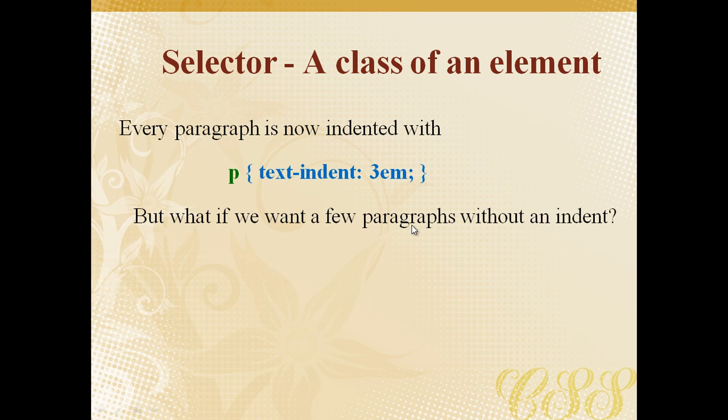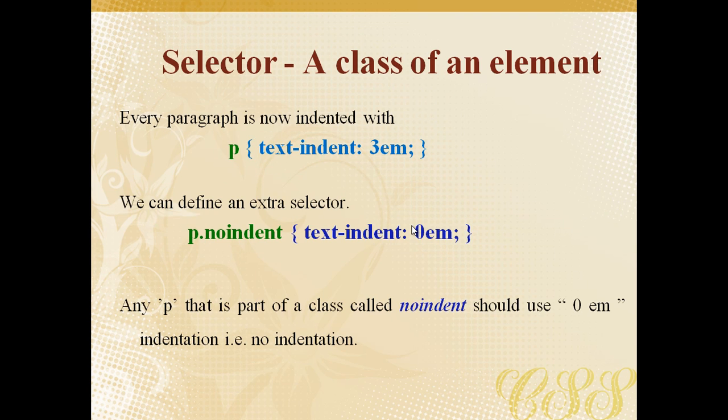But if you want to have a few paragraphs without an indent, what shall we do? Now we can define an extra selector p dot no-indent text-indent colon 0em. So any p that is part of a class called no-indent should use 0em indentation. That is no indentation.